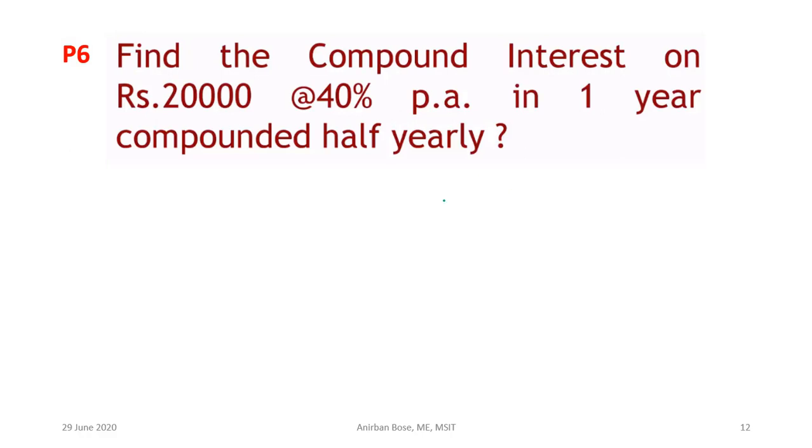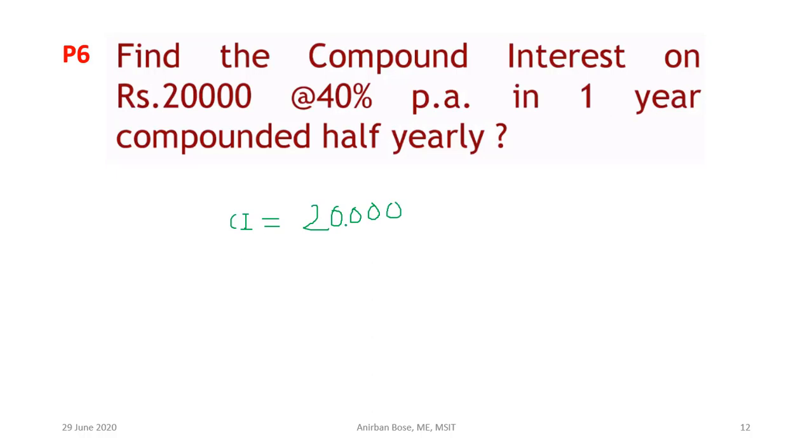Now see this problem. Find the compound interest on 20,000 at 40% per annum in 1 year compounded half yearly. Okay, so here we have to find out the compound interest. So what is the formula for the compound interest? You just write, we can find out using the principal, that is in this case 20,000.